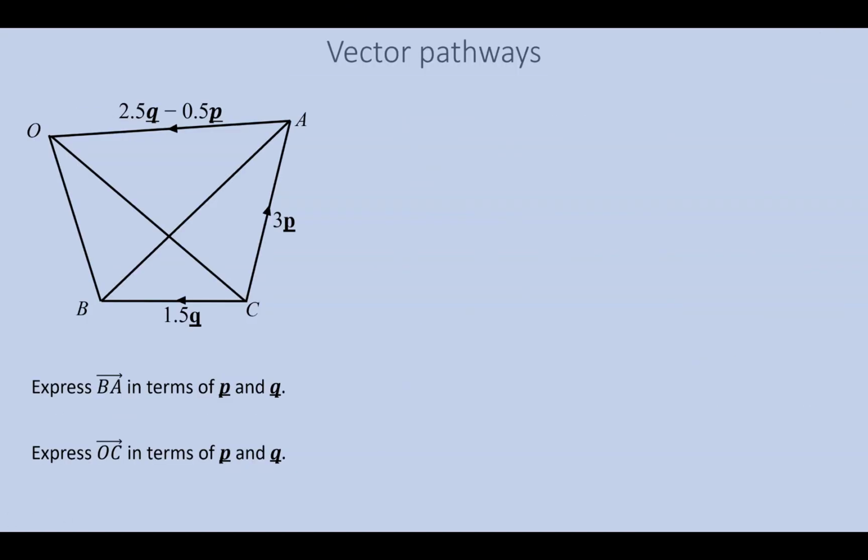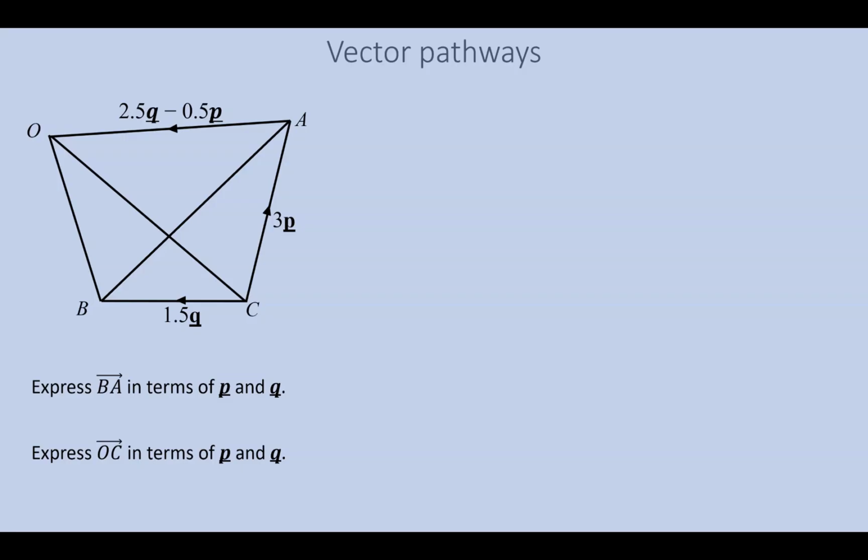I'm going to teach you what is the midpoint of a vector. But before we find the midpoint of the vector, you need to know how to write the pathway. So let me do this as a demonstration to you. They want me to express BA.